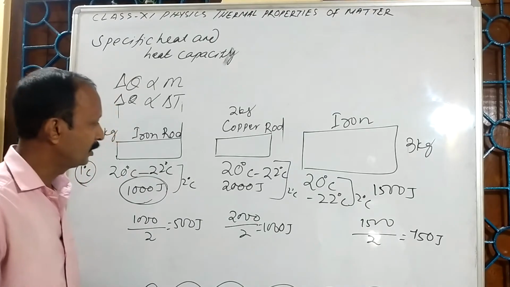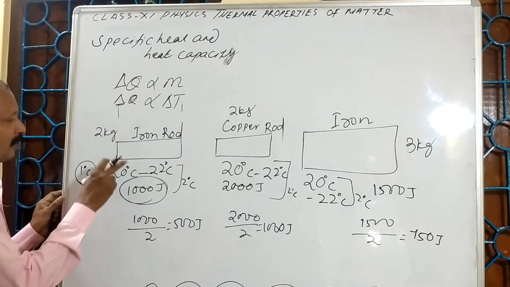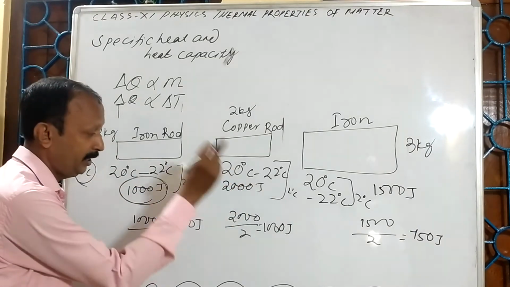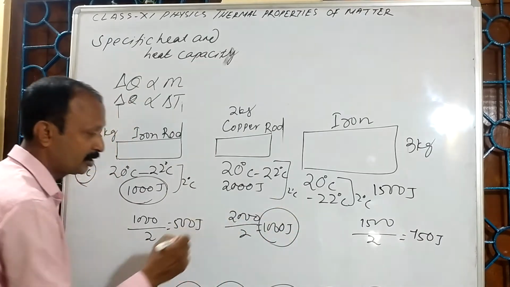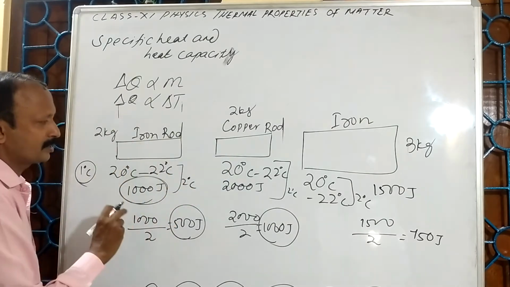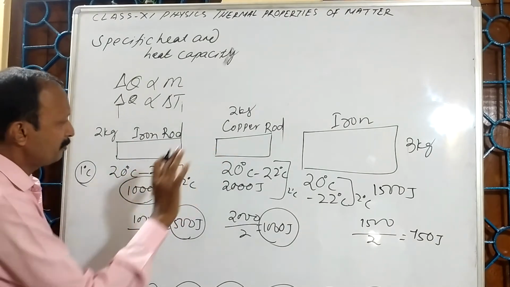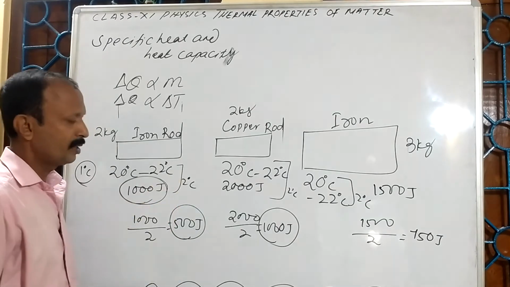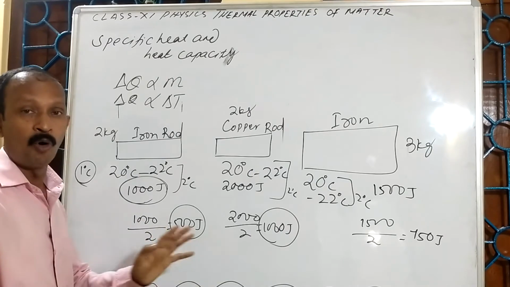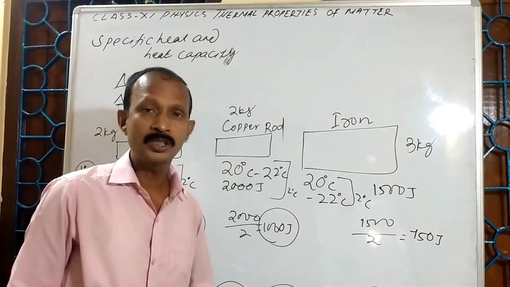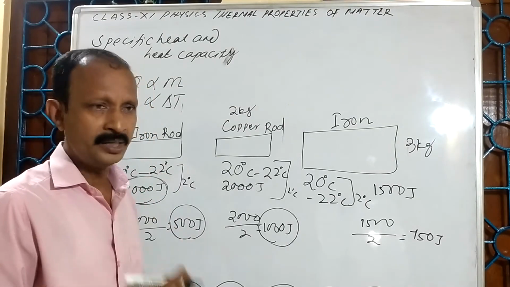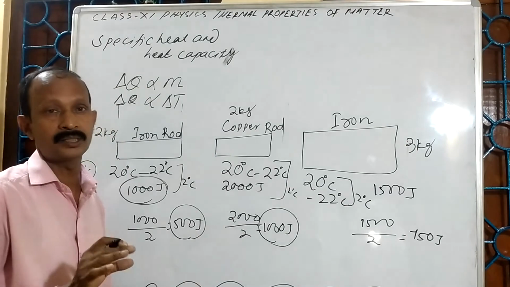So I said that how much heat is absorbed by this one, it will not absorb the same amount of heat. It has absorbed 1000 joule. It has absorbed 500 joule. Instead of a same mass, instead of a same size, I found that both have absorbed different amounts of heat energy because their capacity to absorb or reject is different.